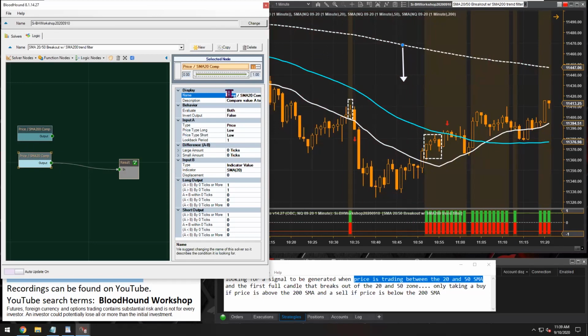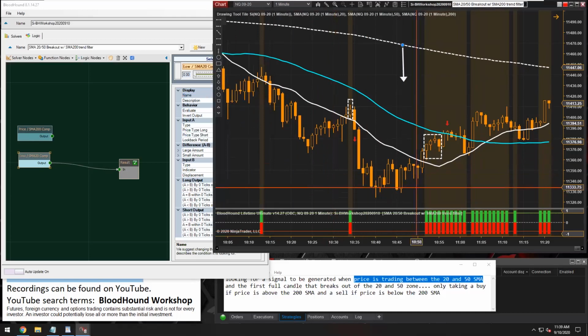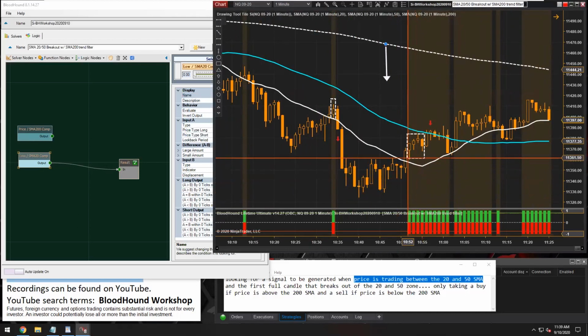So instead of saying price, let's adjust the name here. This is actually comparing the low to the SMA 20. So what I've identified is, whenever the low of the bar is above the SMA 20, we're getting a long and a short output.